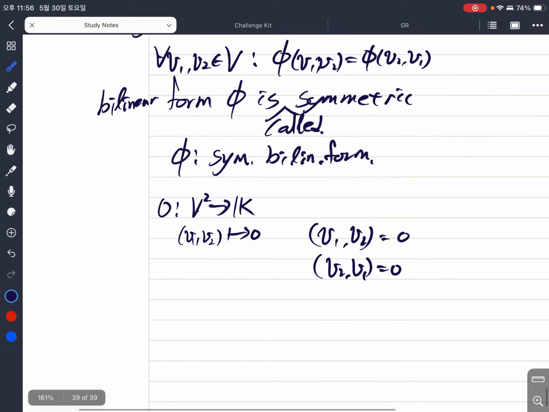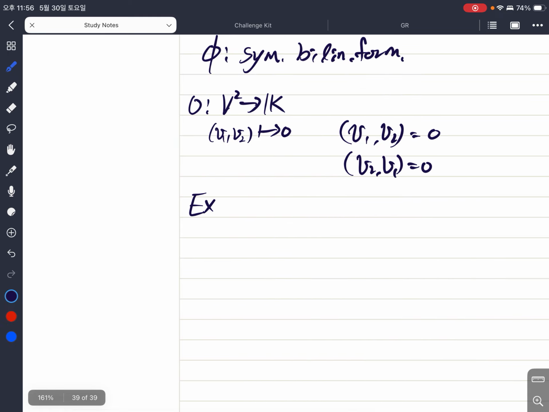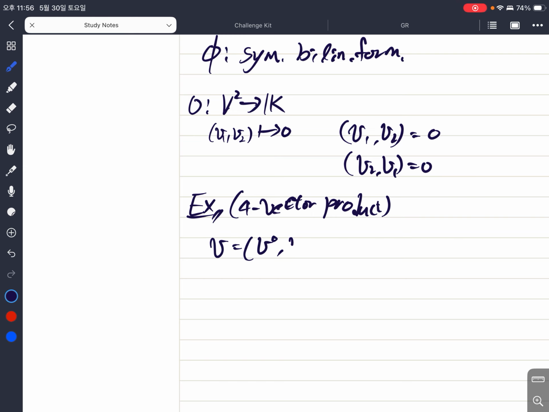The other, more non-trivial example is the 4-vector product. In special relativity, let us say v has coordinates v0, v1, v2, v3, and w also has coordinates w0, w1, w2, w3.